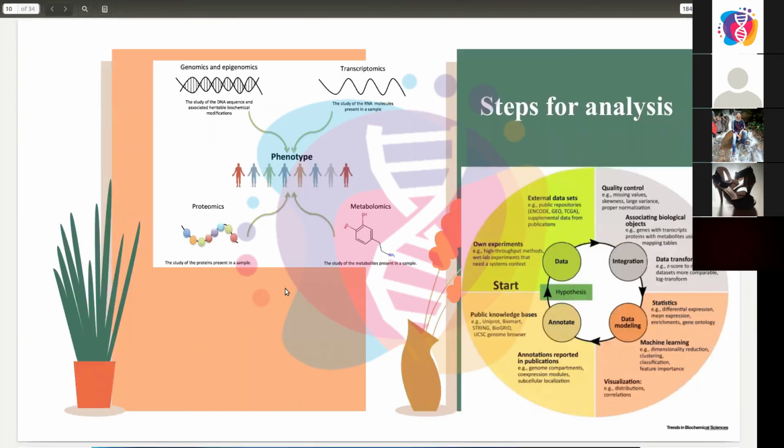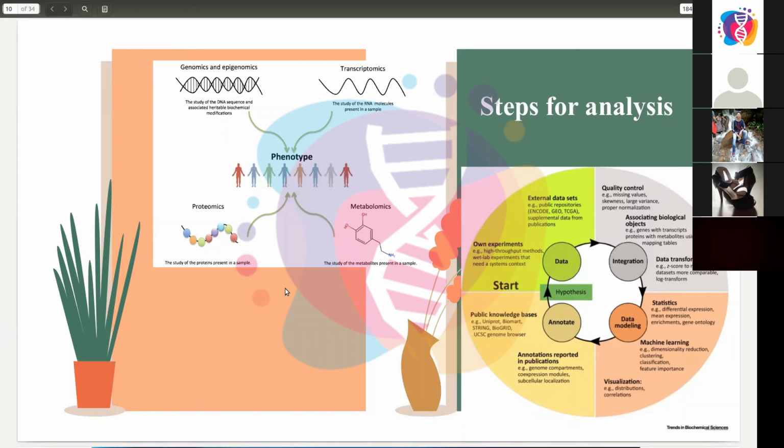Now in genomics, again, like I said earlier, there are genomics, transcriptomics, proteomics, and metabolomics. Metabolomics is essentially the study of metabolites that are produced in a genome, right? So all of these different pillars, when they come together, they form the phenotype of a person, right?